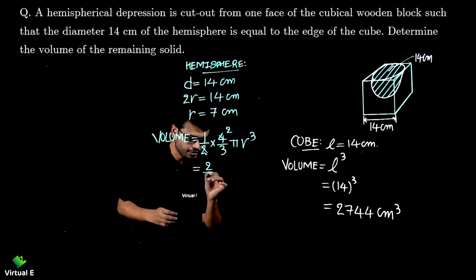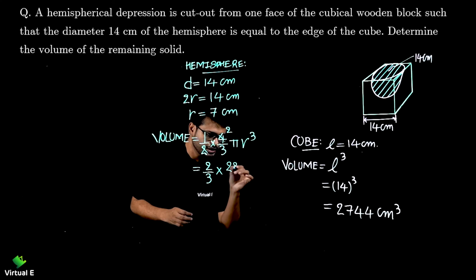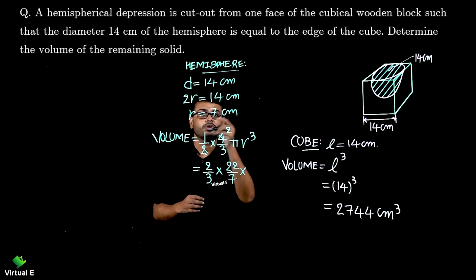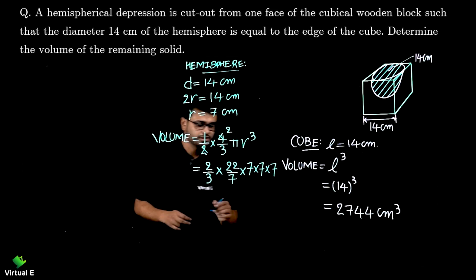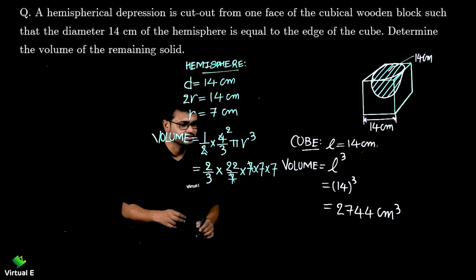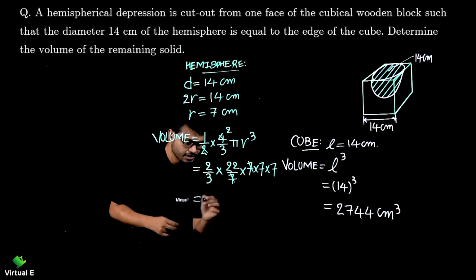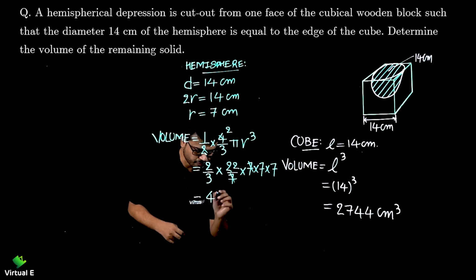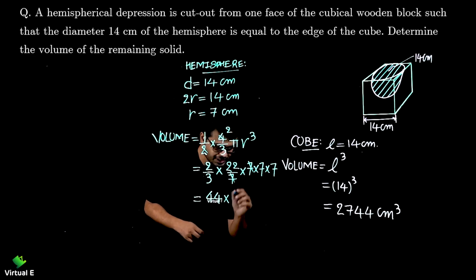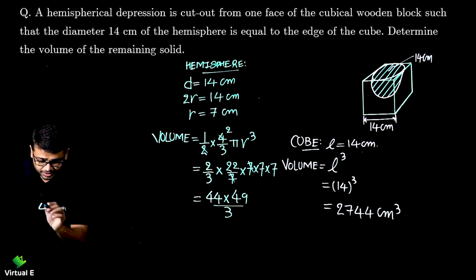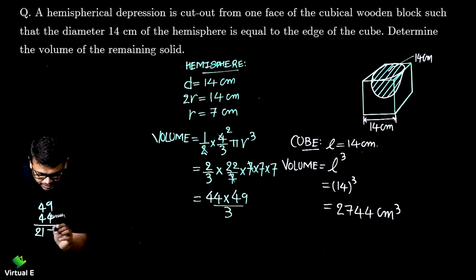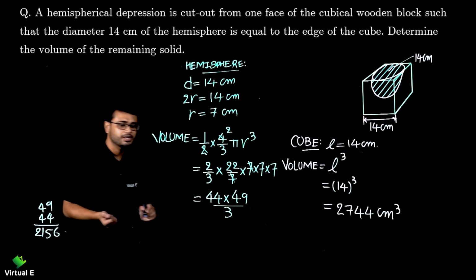So 2/3, then pi 22/7, r is 7 multiplied by 7 multiplied by 7. So 7 gets cancelled. We have quite a big number. 2 into 22 is 44. Multiply 7 into 7, 49, and 3 in the denominator. So let's multiply 49 by 44. The answer is 2156. You can multiply and do it as well.